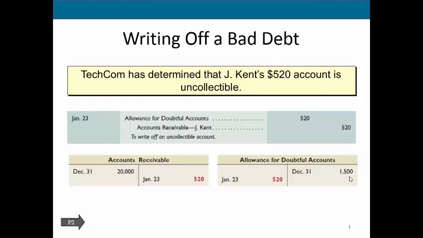Now we have determined that $520 is not collectible. So this $520 is no longer an estimate. We actually know that this is uncollectible. So that's why we are taking it out of the allowance account here with the debit. You can see this debit over here, because when we net these together, you'll see that this decreases the amount of our estimate that we expect to still be bad debt or to still end up being uncollectible in the future. So again, just to get an understanding of how this holding account works.